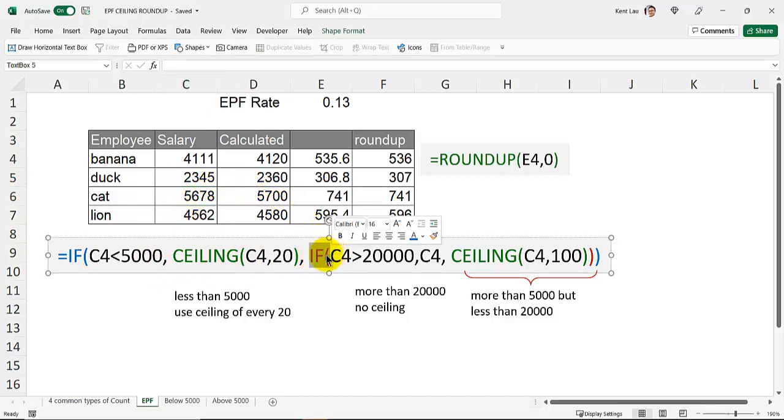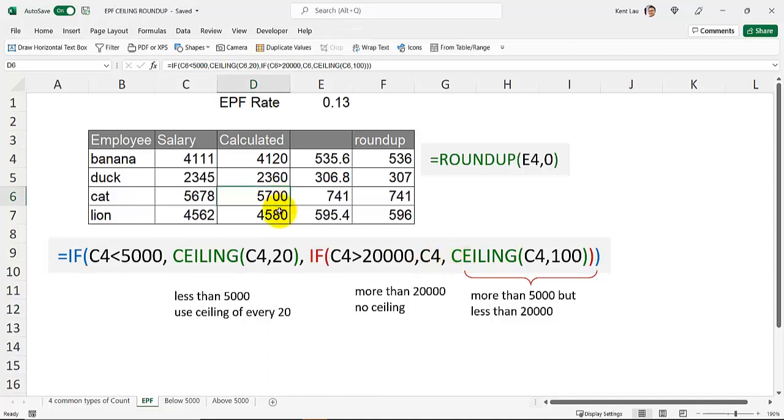They will check this. So is it more than 20,000? No. So it will not take directly the salary amount, but it will get a ceiling of this, 5,700. So based on the max, the EPF actually gets more than what is stated in the gross pay.